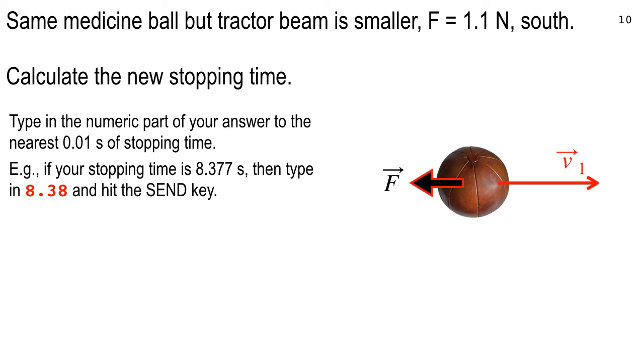Use 1.34 for the mass, negative 6 for delta V, and get delta P, and then use this for the new tractor beam force. Okay? Yeah, good.